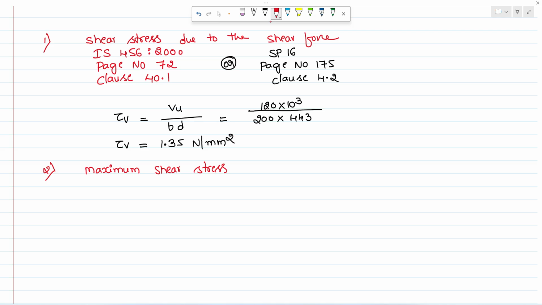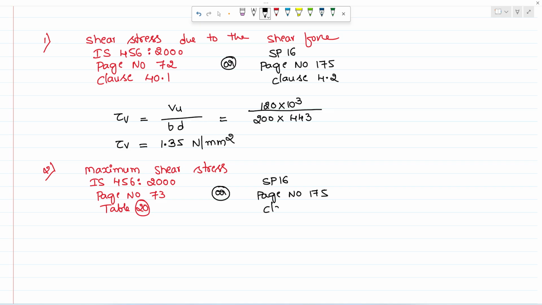For which you can refer IS 456 2000, page number 73, table 20, or either you can refer SP16 page number 175, same clause 4.2, or you remember the table J.